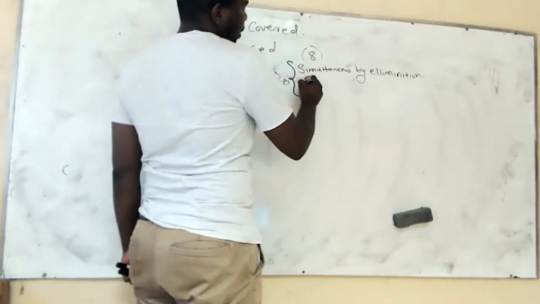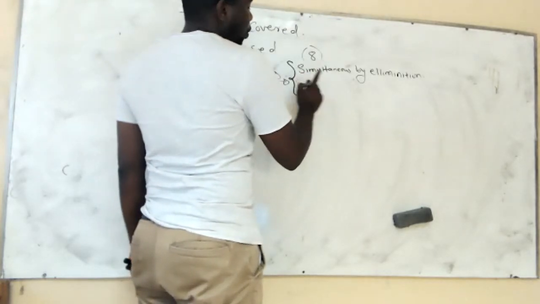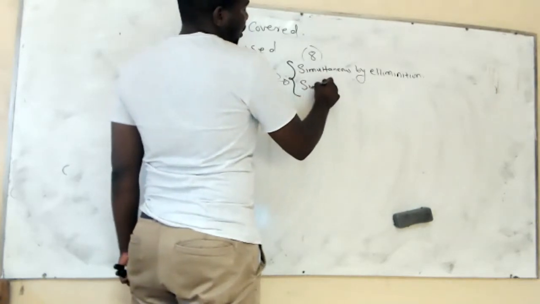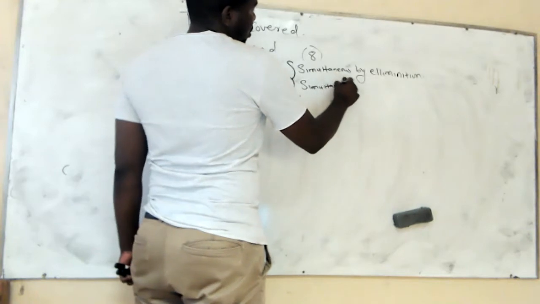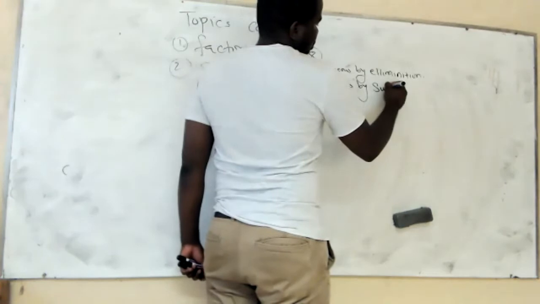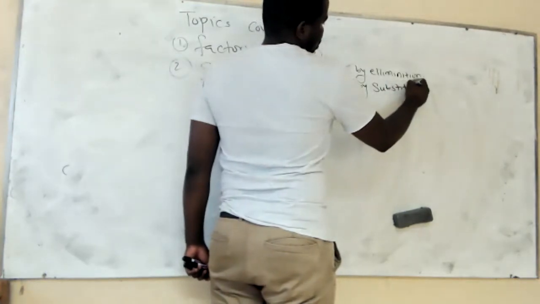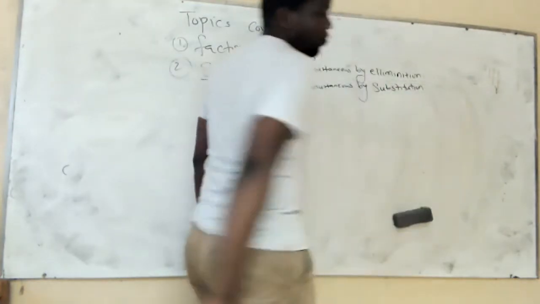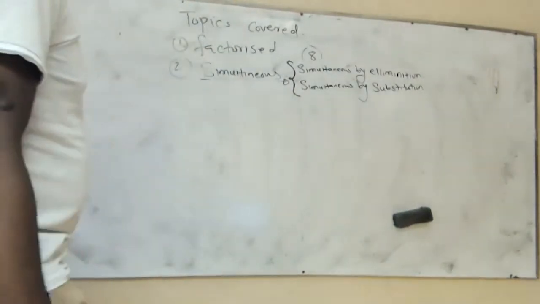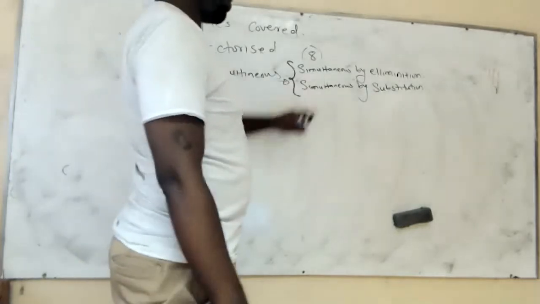The second method which we use to solve simultaneous is what is called simultaneous by substitution. So you must be able to solve questions that involve simultaneous by substitution.